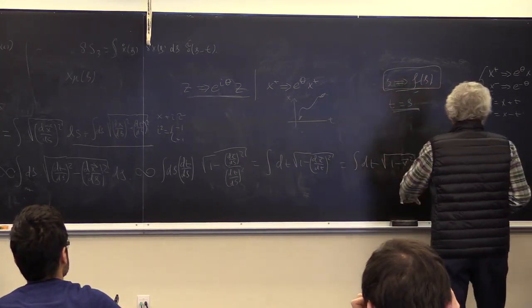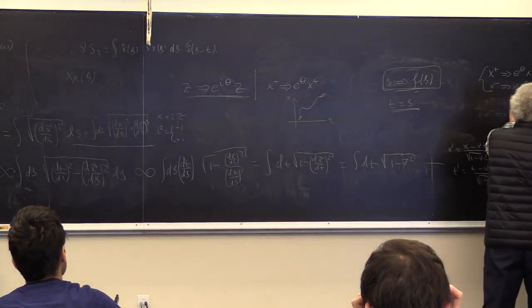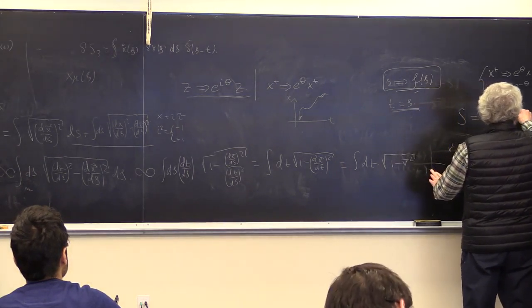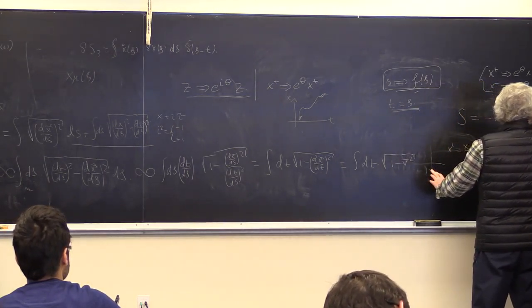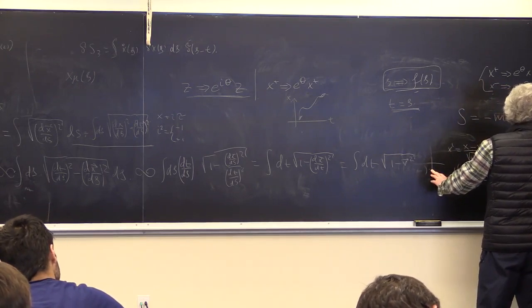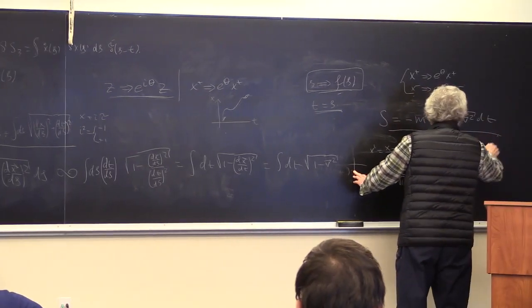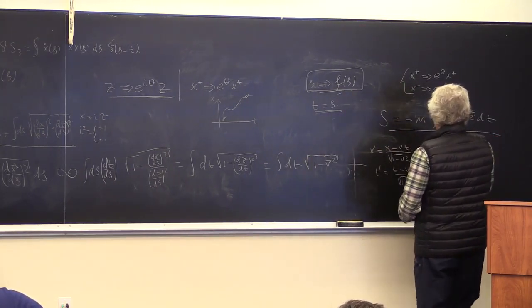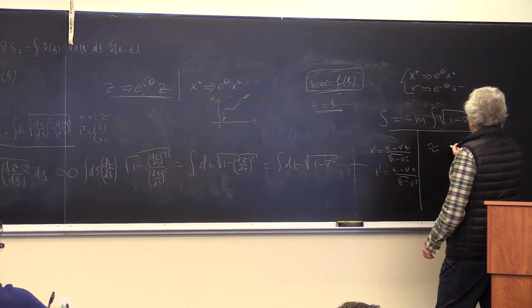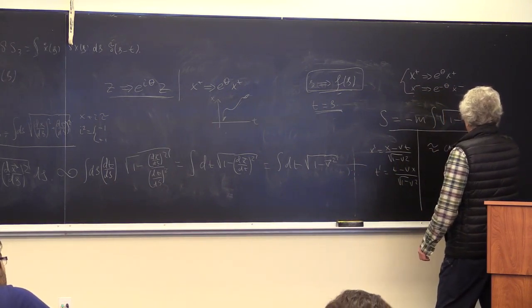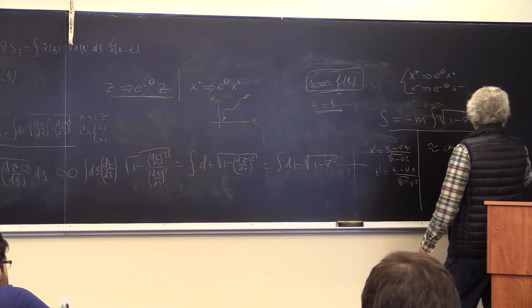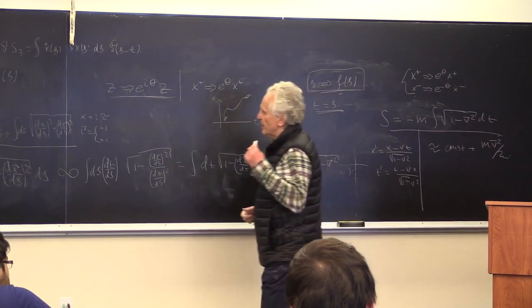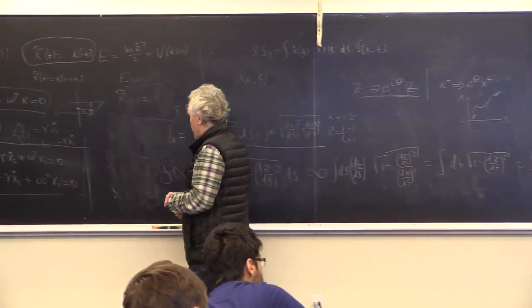2. And to get the correct normalization, it's a definition of mass, you have to take S, now I'm writing, you have minus m square root of 1 minus v squared dt. And it's approximately proportional to constant plus... So the form of the action is actually determined by symmetry.